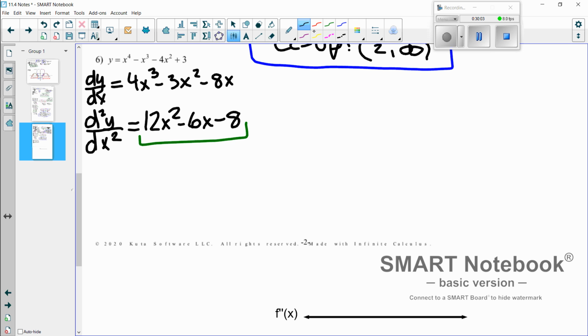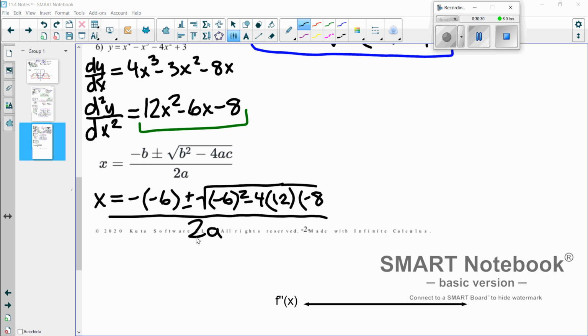We're going to use it to find where the second derivative is equal to 0. I hope you remember the quadratic formula because we have to use it. If you don't remember, here it is. Now, let's plug in our values from the second derivative into that formula.